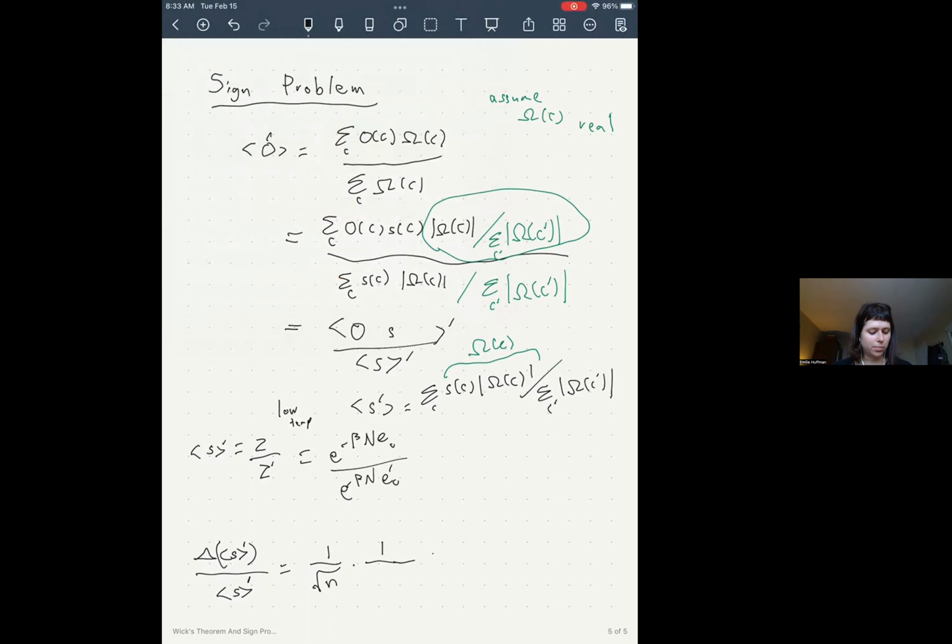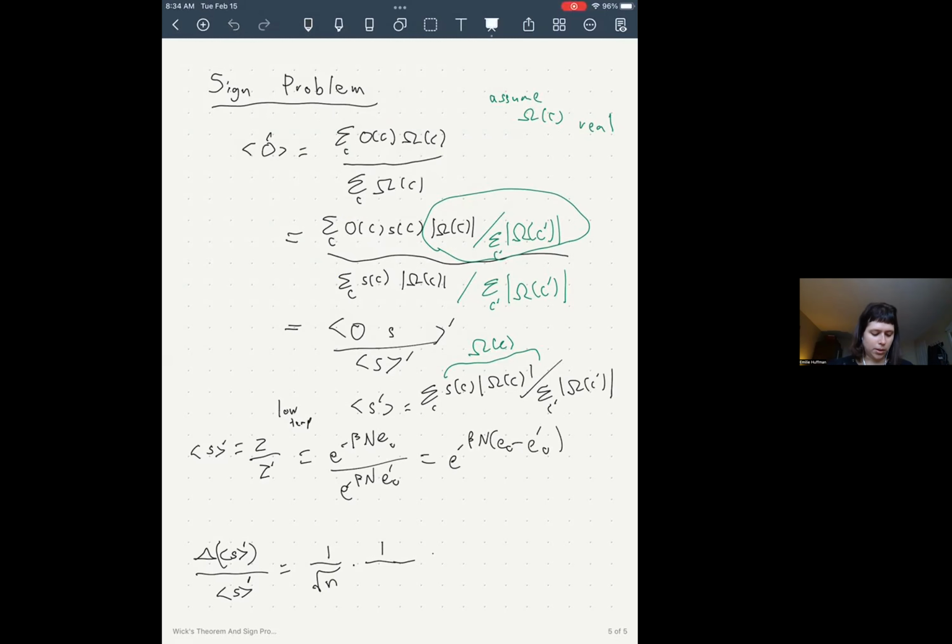This is an intensive energy density for the sites, like the ground state energy. So this is e to the minus beta n times E naught minus E naught prime. So the sign is getting exponentially small as we ramp up the system size, the system volume.